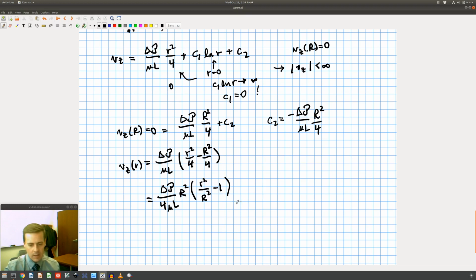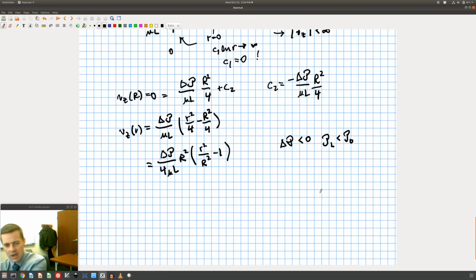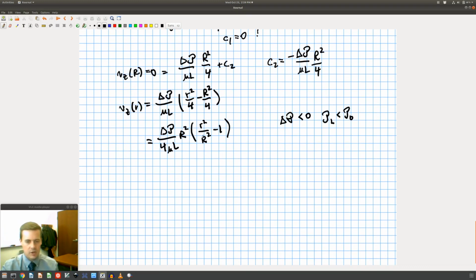Okay? And a lot of times this is written the other direction, because remember that ΔP dynamic is usually less than 0, because dynamic P at L is often less than dynamic P at 0. So because of that, people often flip this sign around and pull the negative sign out.